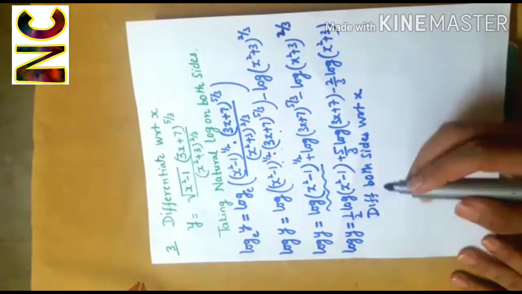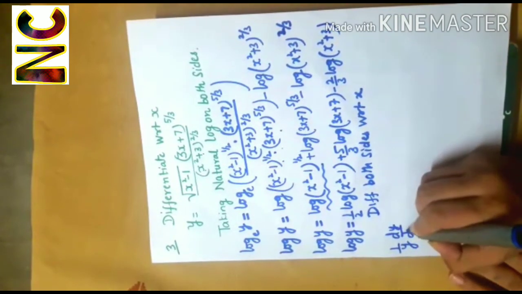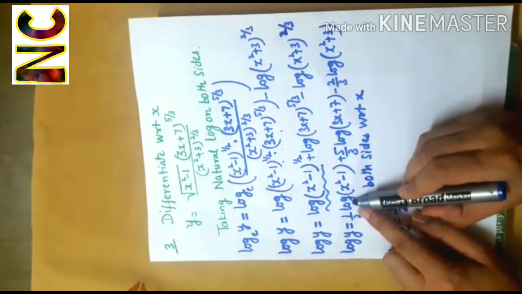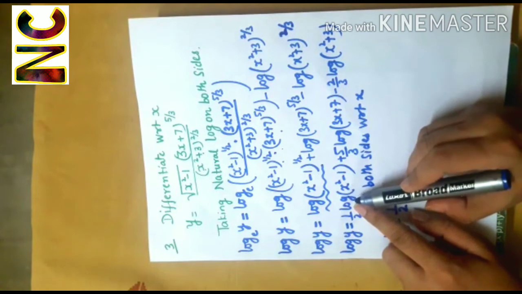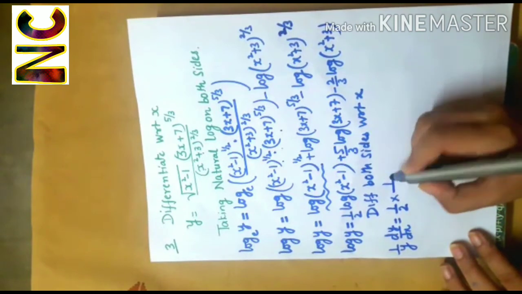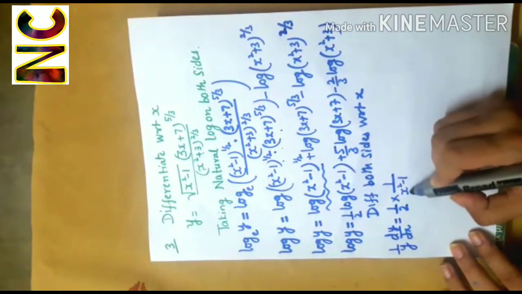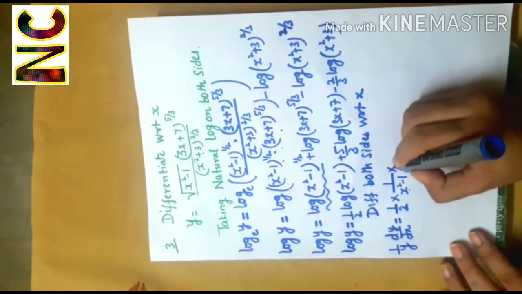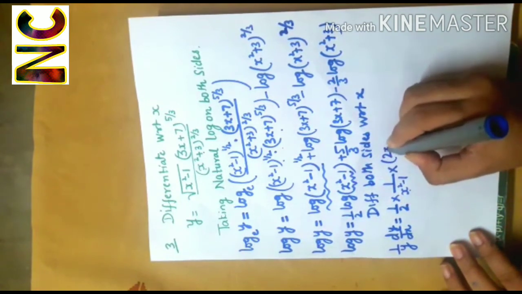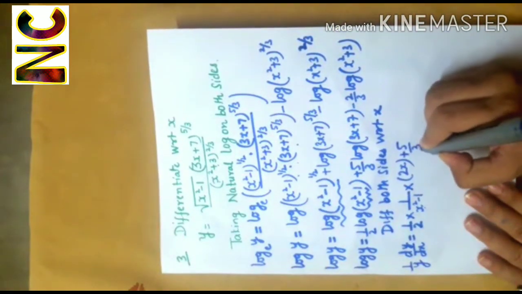So the derivative of log y with respect to x is 1 by y into dy by dx equals half. Now here the outer function is log and the derivative of log x is 1 by x. So it will be 1 over, do not change the inner function, the role of x is being played by x square minus 1, into, by chain rule, the derivative of the inner function, 2x. Same here, plus 5 by 3.